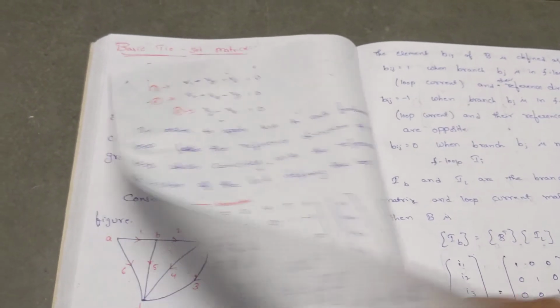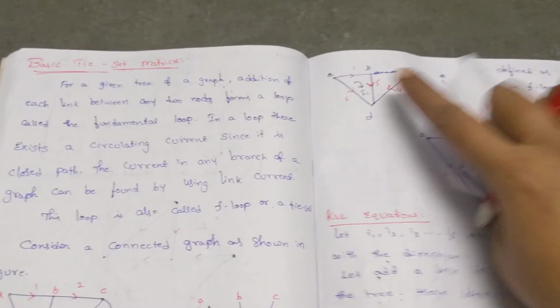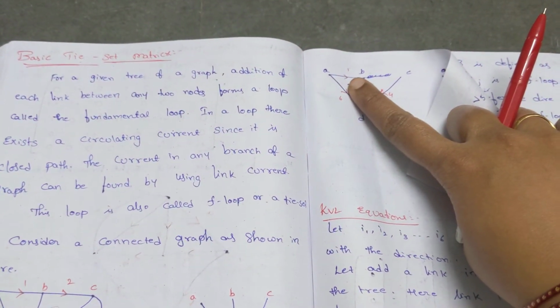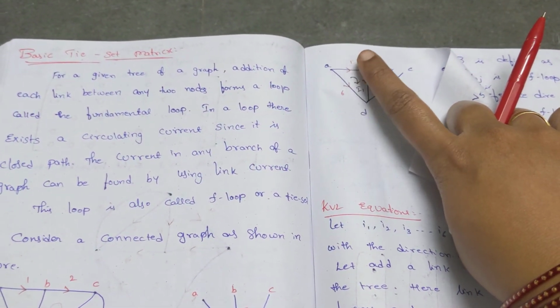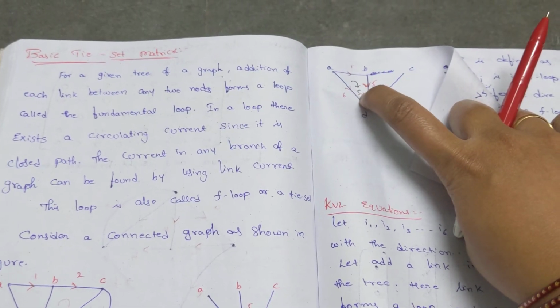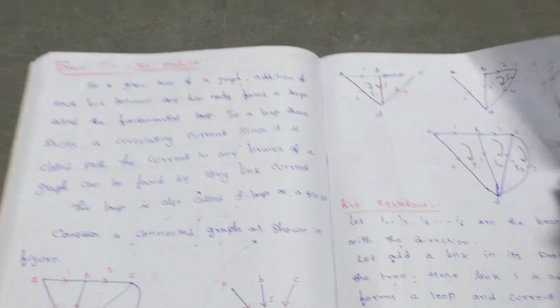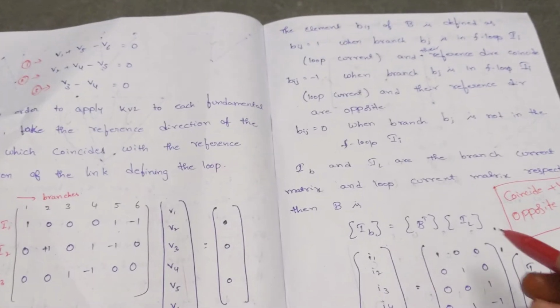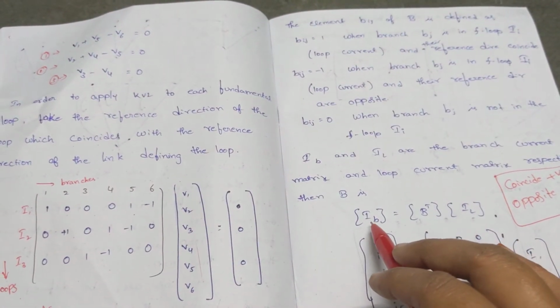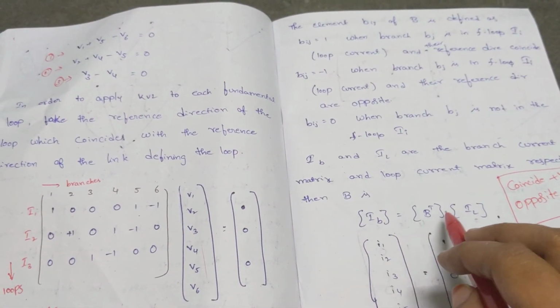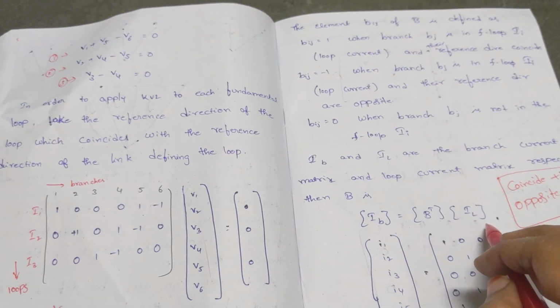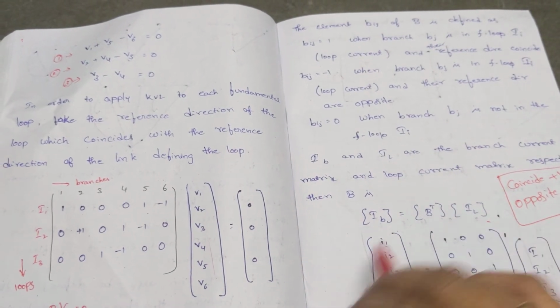From this we can also write the relation between your branch currents and your loop currents, which is given as branch currents equals transpose of B times your loop currents.